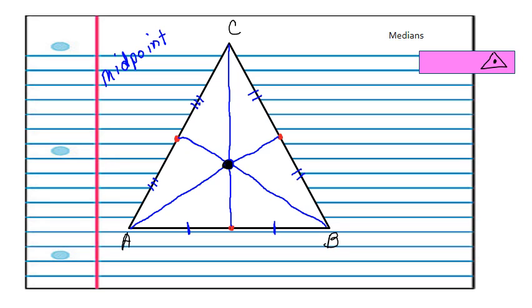Now, what happens here is that the longer part of the centroid is always 2/3 of the whole, and the smaller part is 1/3 of the whole. And that goes for all of them.